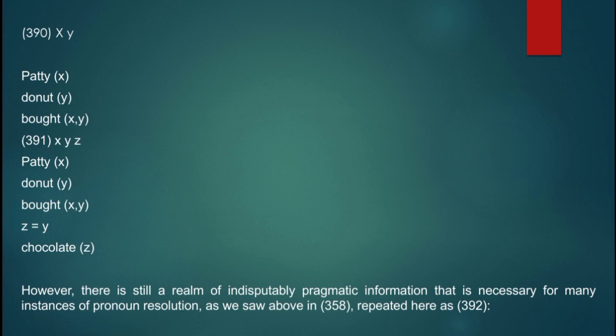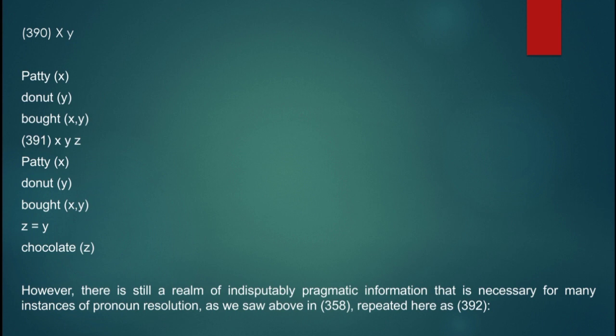The first DRS maps onto a context that includes Patty, a donut, and an event of her buying the donut. The second DRS maps onto a slightly different set of contexts, with the only change being that the donut, importantly the same donut referred to in the first sentence, as indicated by the same referent in 391, was chocolate.